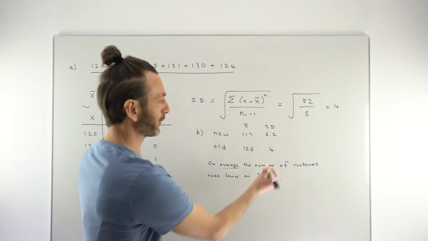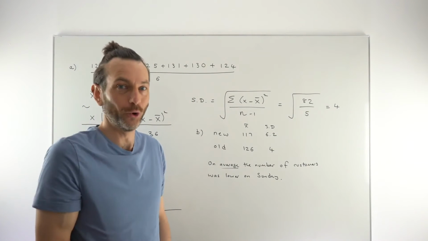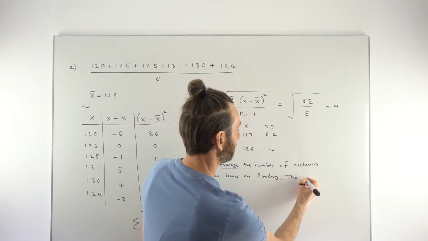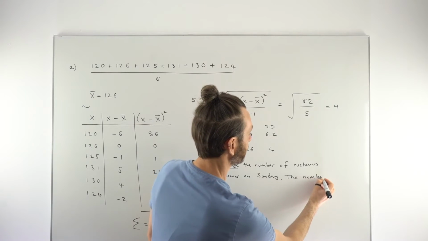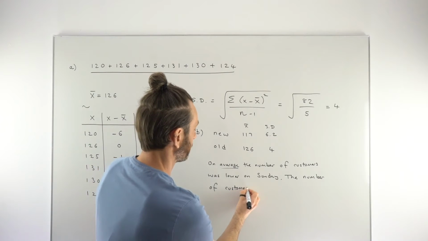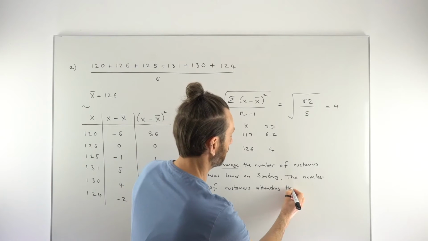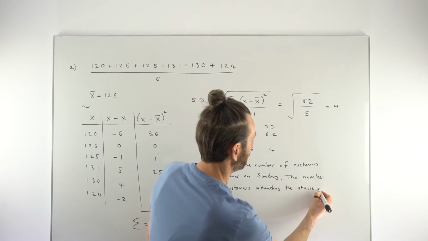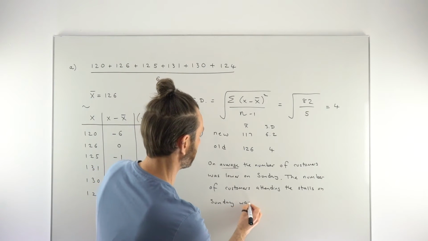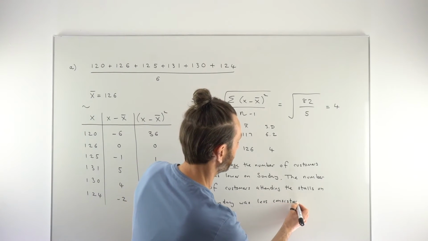So the comment we're going to make about the standard deviation is not just that the standard deviation is higher, that's obvious, but something like the number of customers attending the stalls on Sunday was less consistent.